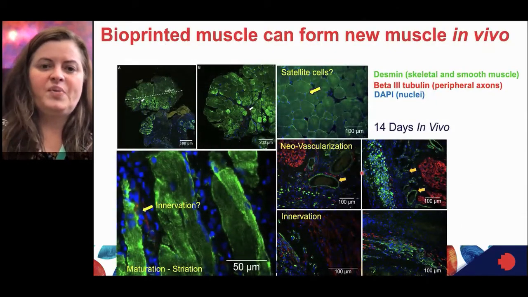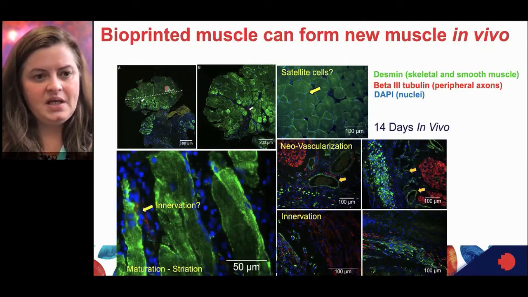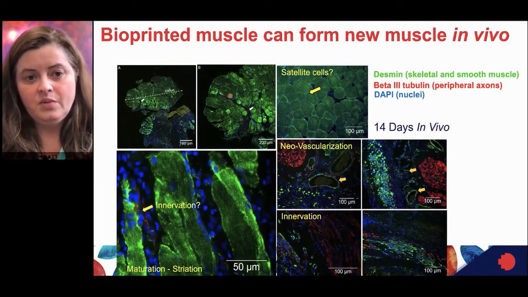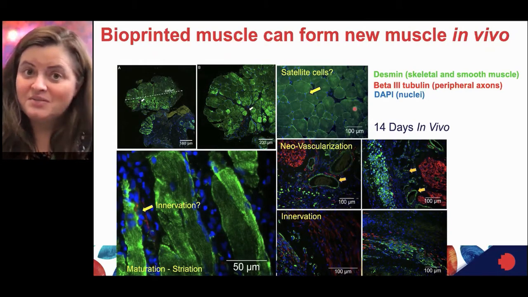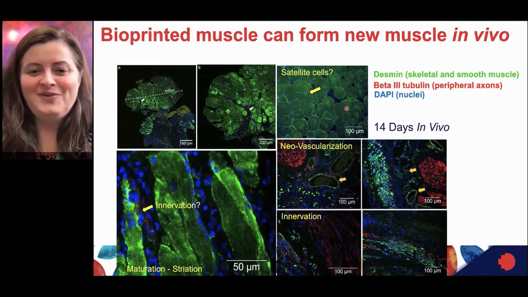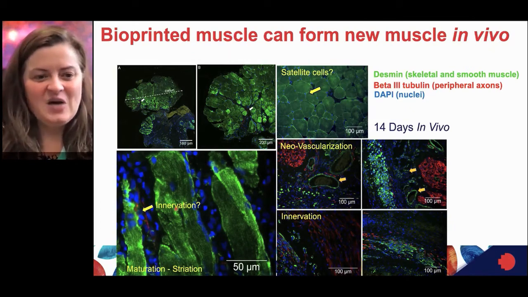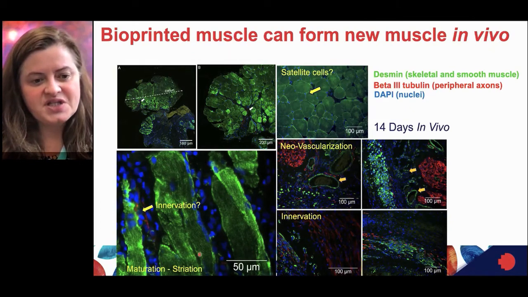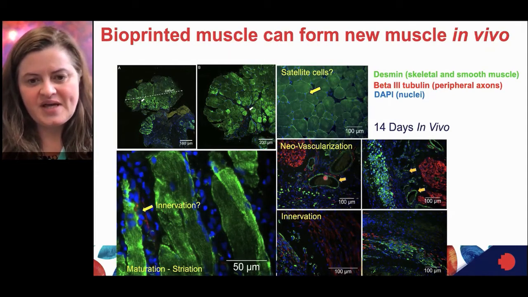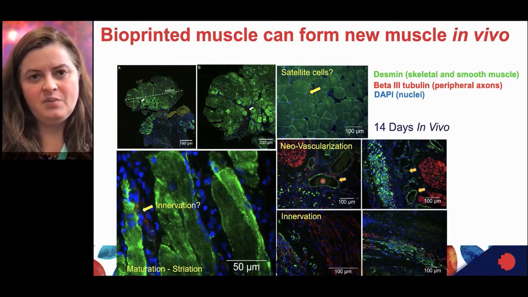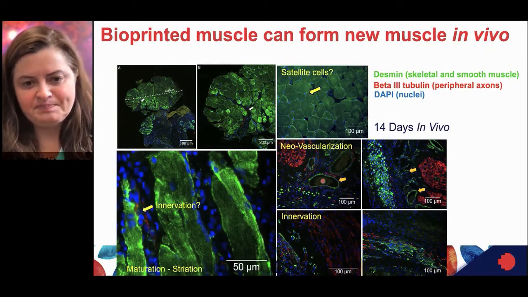We saw after about 14 days, areas in the construct that looked like very mature muscle, which really surprised me. I was happily surprised. We saw striations forming in the muscle that was implanted after 2 weeks, as well as some vascularization coming off the main femoral artery and vein.